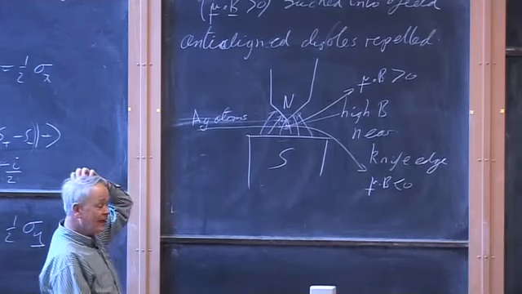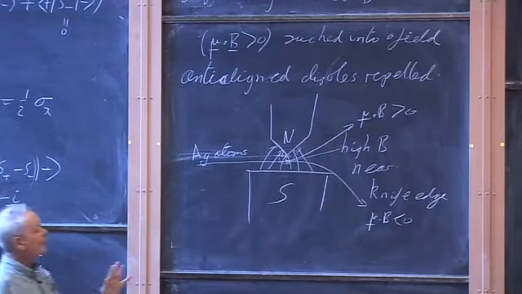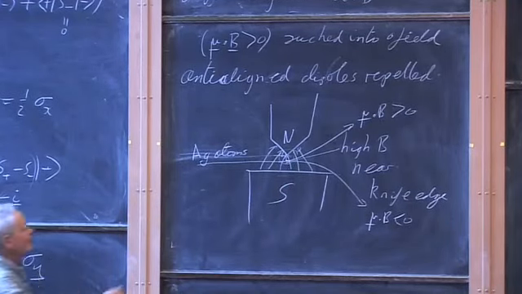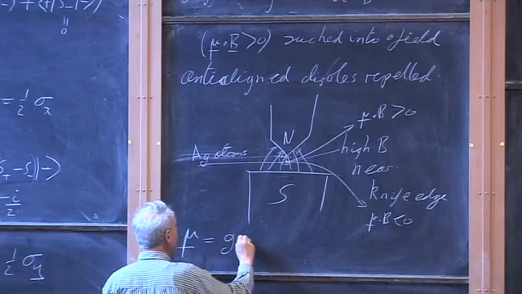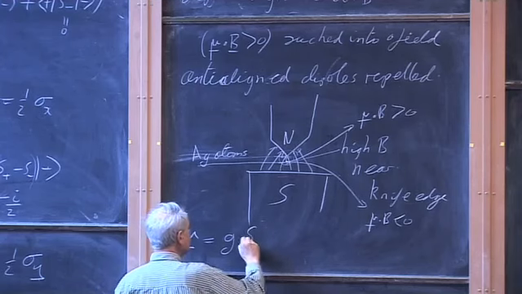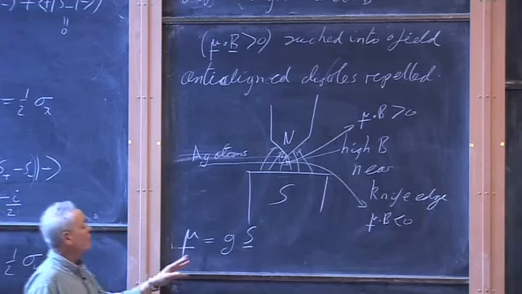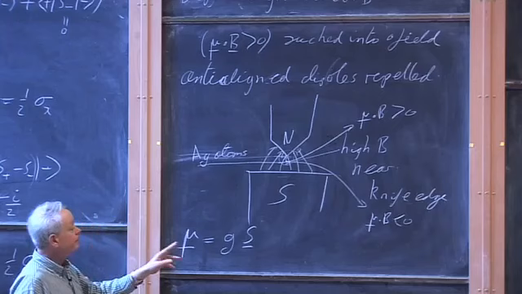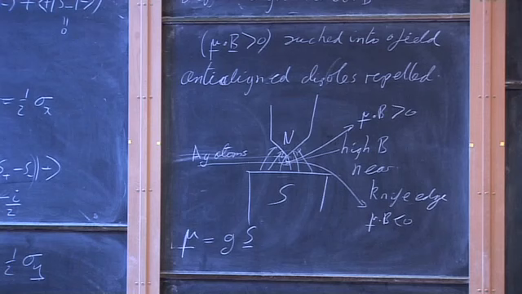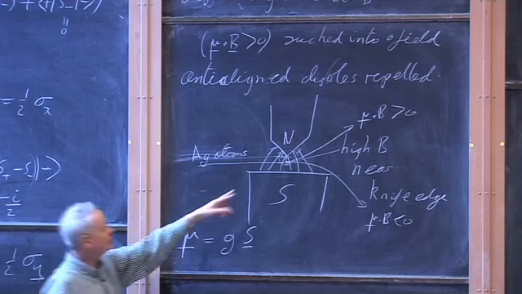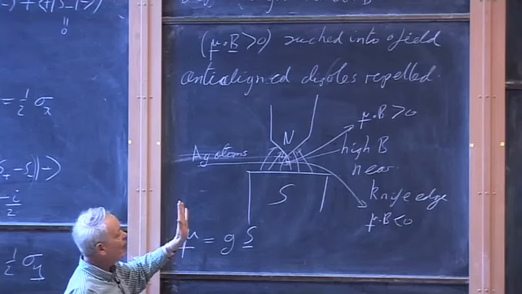The quantum mechanical interpretation of this is that when the atoms are in here, sorry, I haven't said that mu, the magnetic moment, is equal to some number, the gyromagnetic ratio, times the spin operator. So when they're in here, the magnetic field is, as it were, measuring their component of spin in the direction of the magnetic field. That's what you say to yourself. And there are only two answers possible.